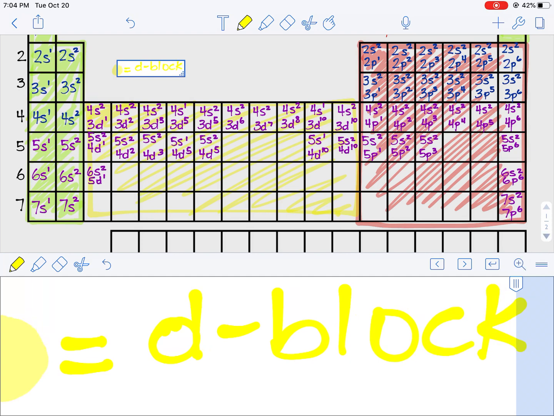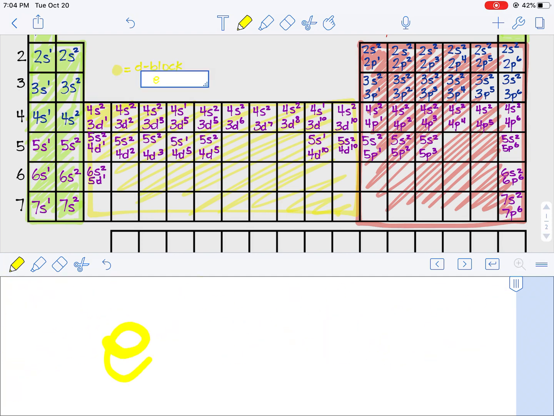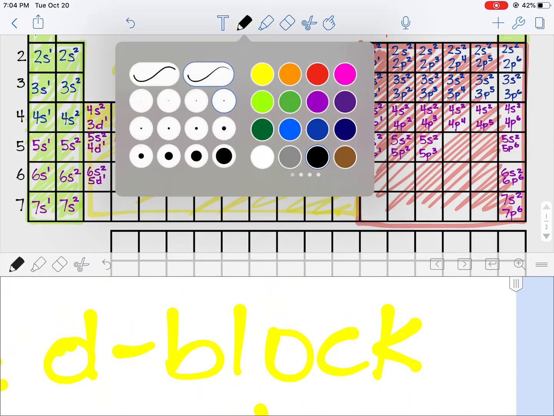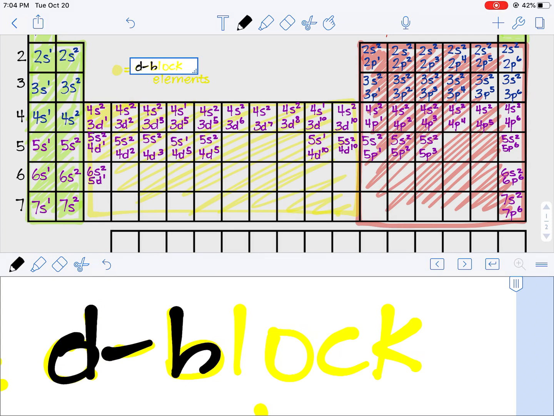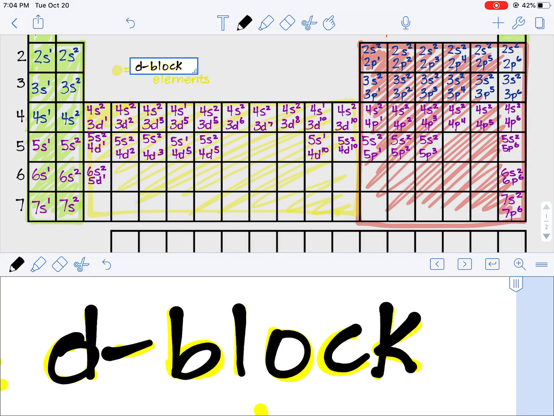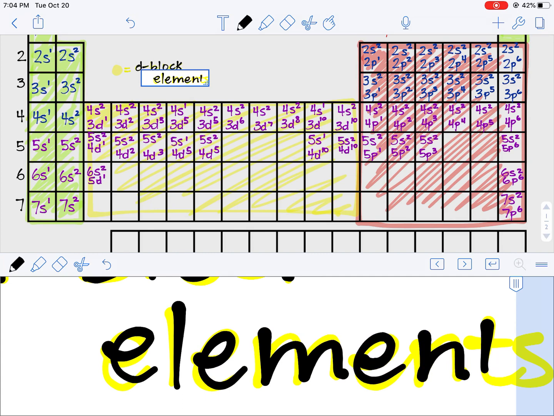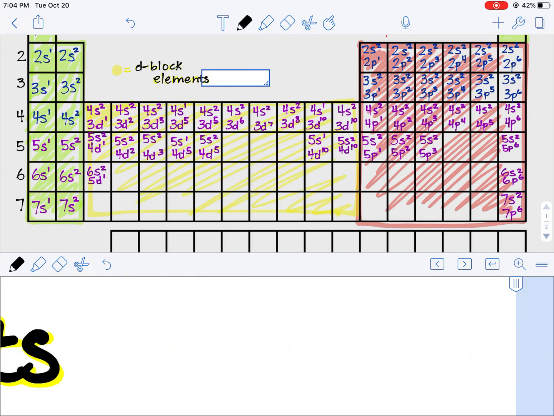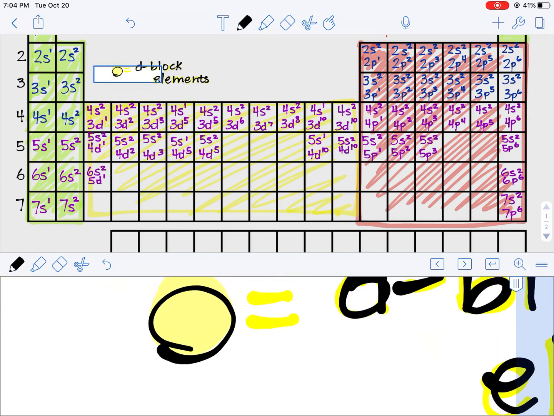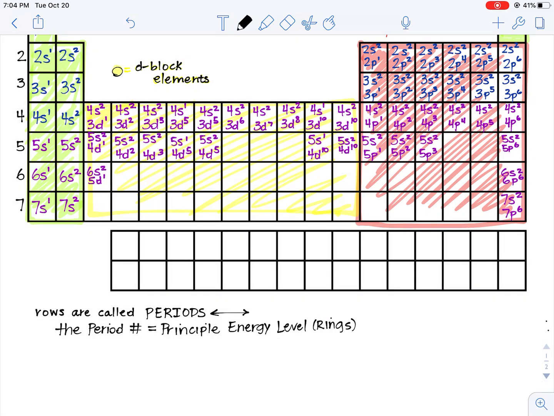Sorry. They are the D block elements. Let me go over that again, perhaps in a darker color. D block elements. And again, that's our yellow highlighted section here in the middle.